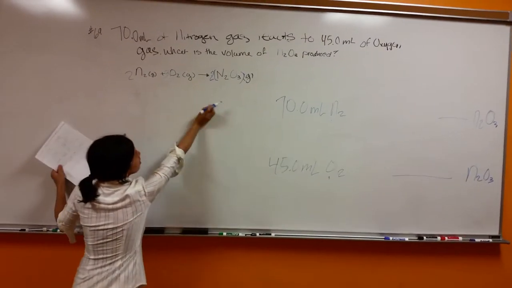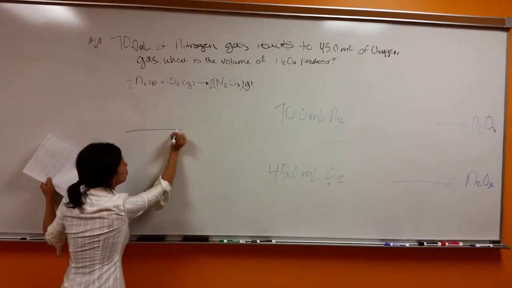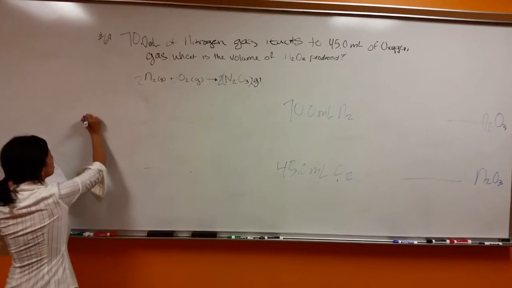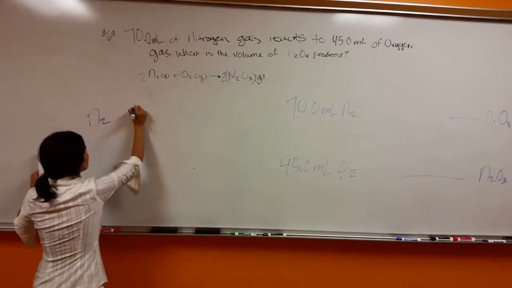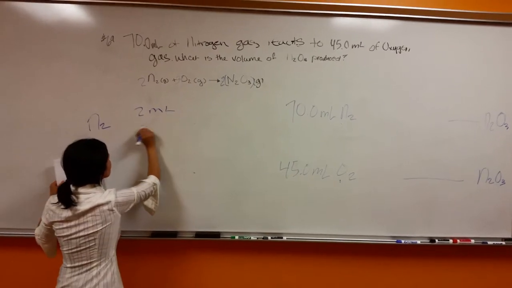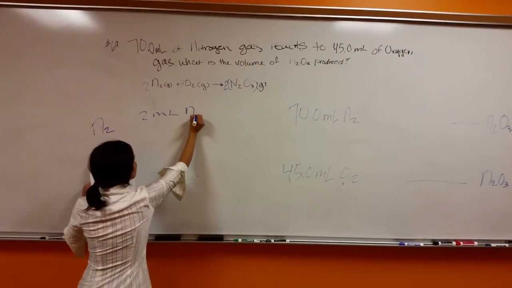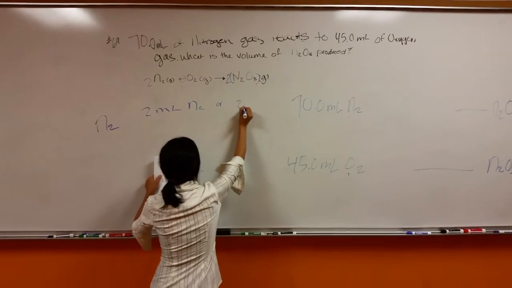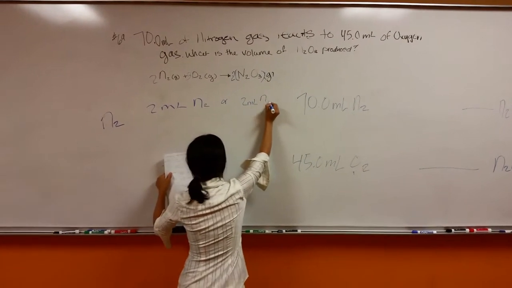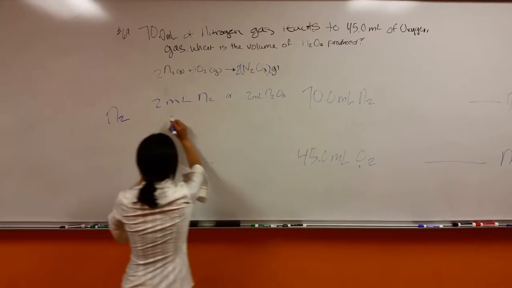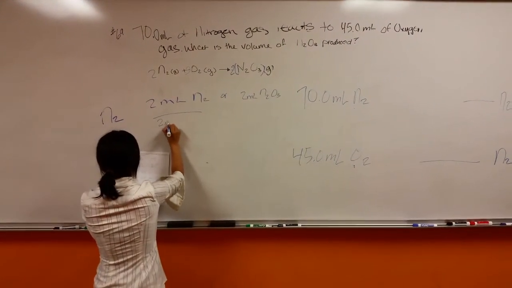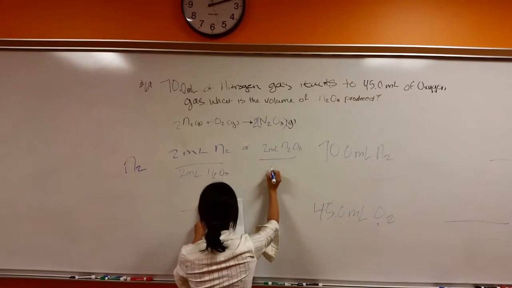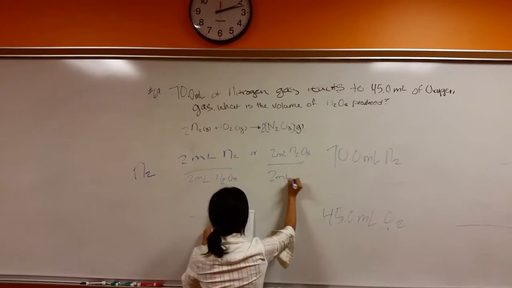So from here, the first part is, okay, we're going to use these coefficients in our unit factors. So the first one for nitrogen is... And what are you doing right now, Min?